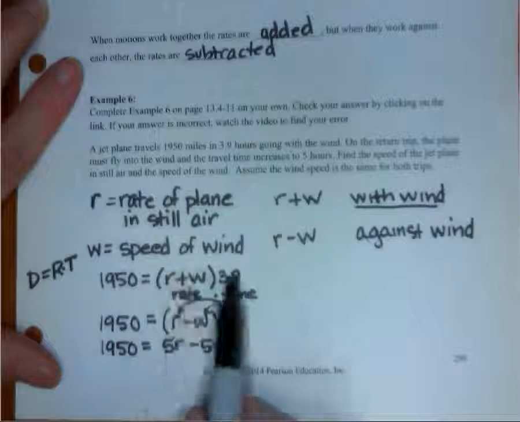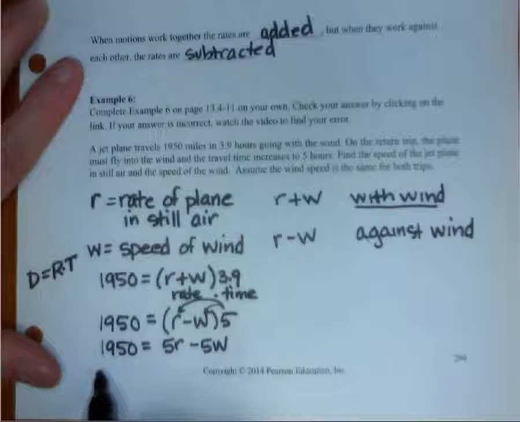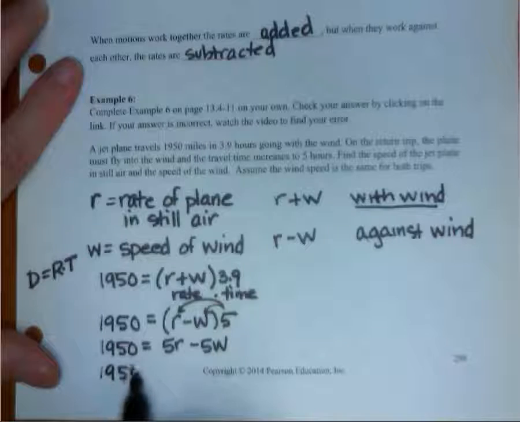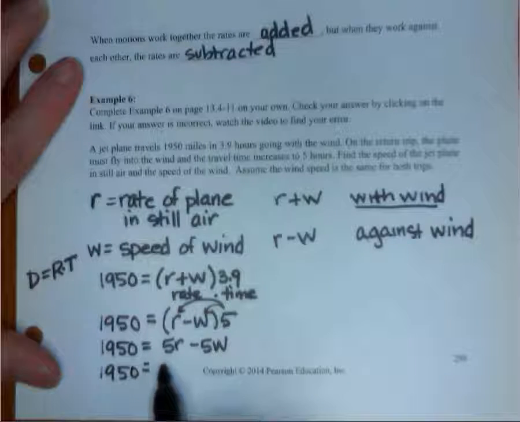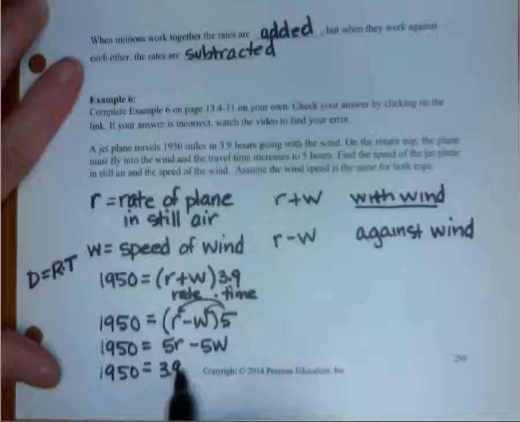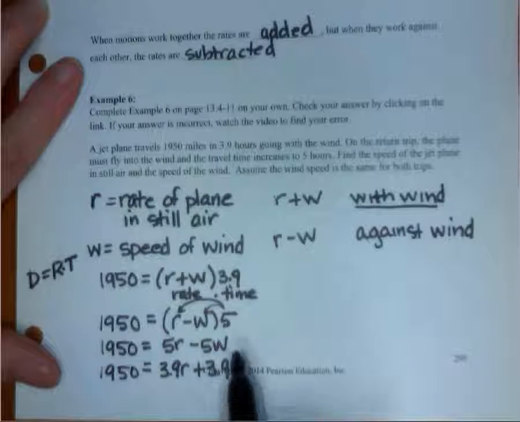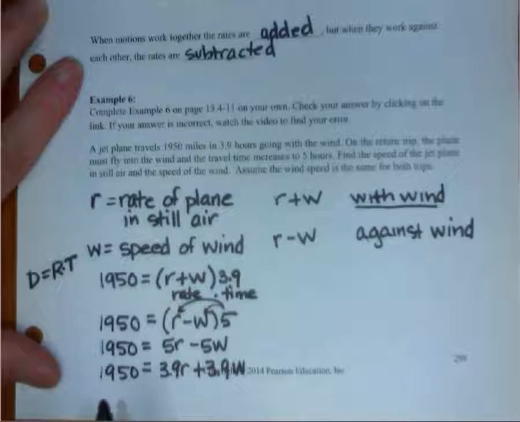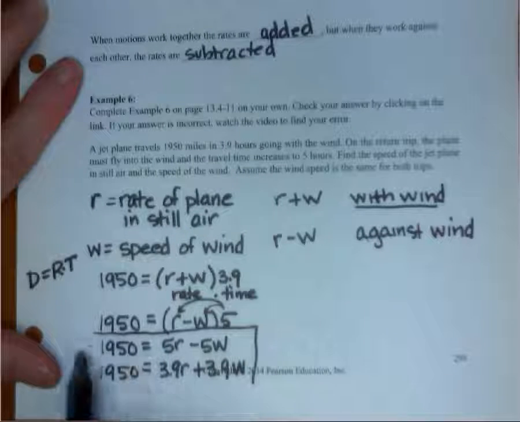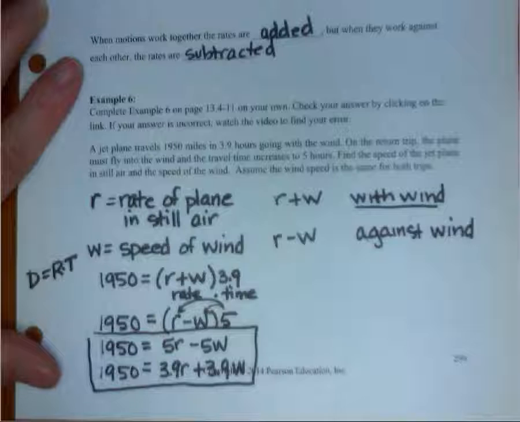And then I also have to distribute this second one. 1950 equals 3.9R plus 3.9W. So these are the equations that I'm going to work with.